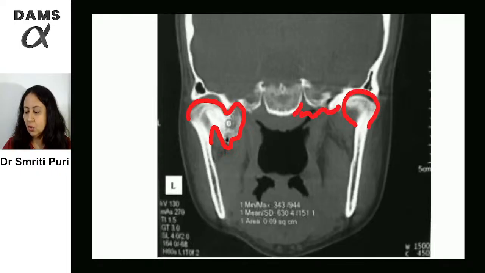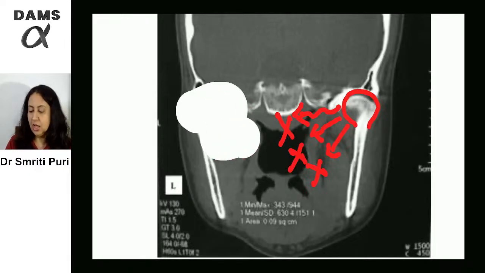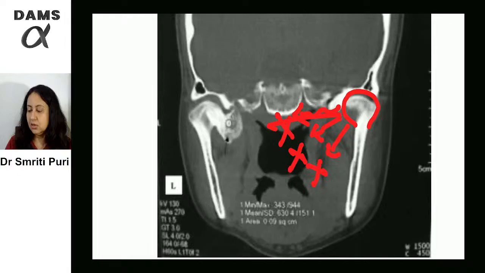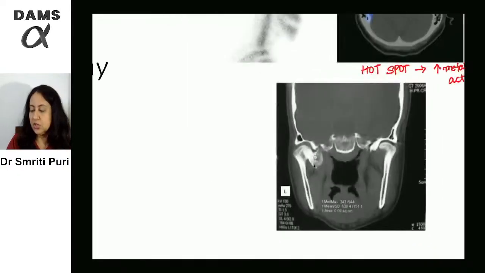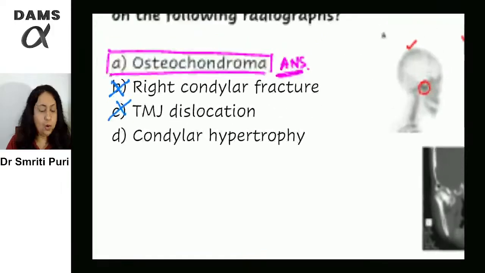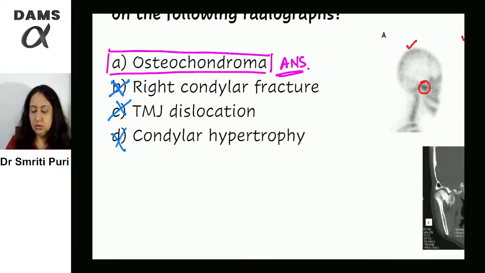You won't see a growth that is going outside the normal morphology of the condyle. So please come back and see the explanation again. I'm erasing all of these markings so that when you come to revise this session or revisit this question, you understand. I hope you have understood, Deepa.